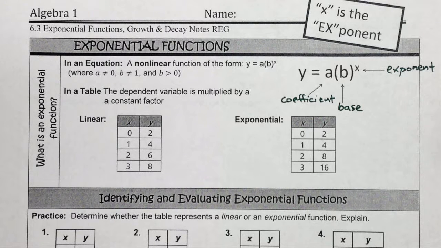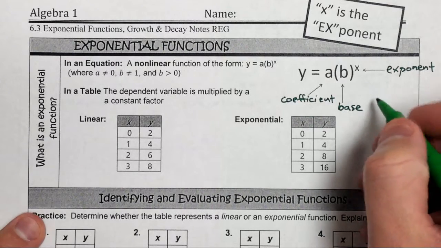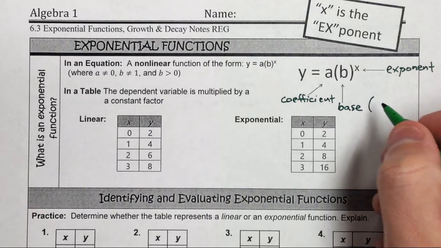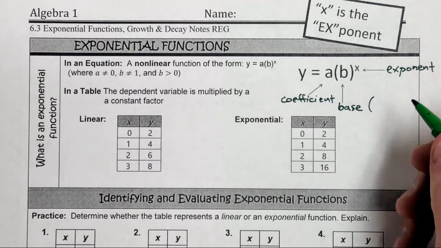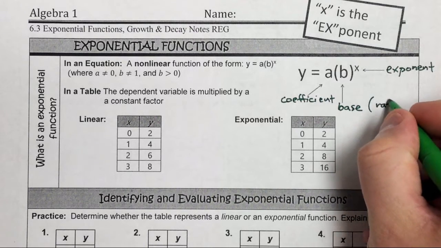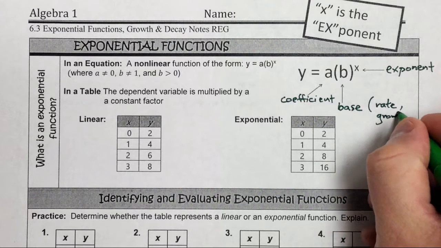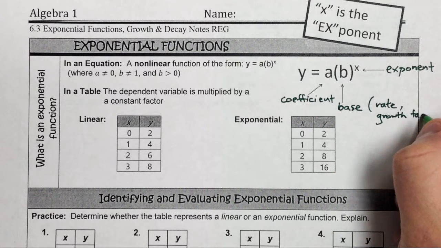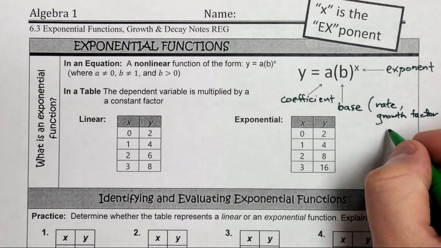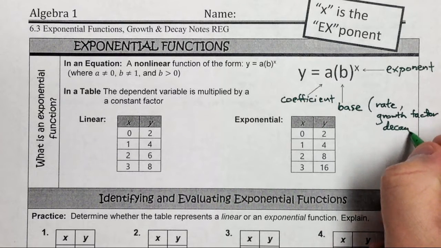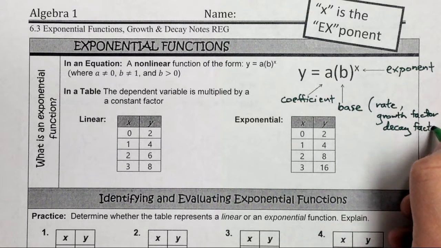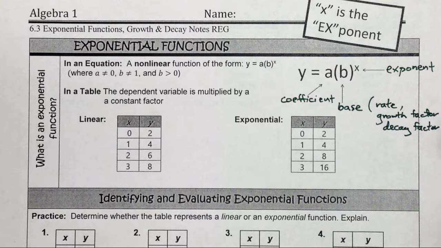Now, for exponential growth and exponential decay functions, I'm actually going to call this base a couple other names. I'm going to call it the rate, or I could call it the growth factor or decay factor, or factor of decay, factor of growth.